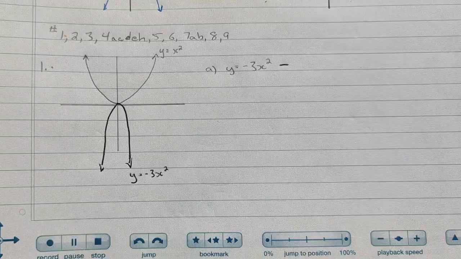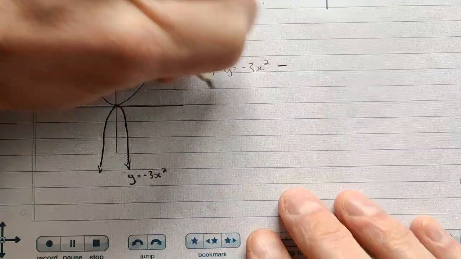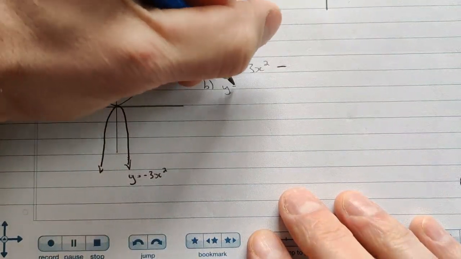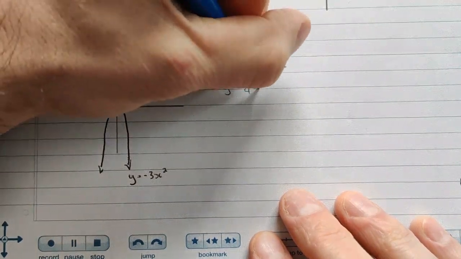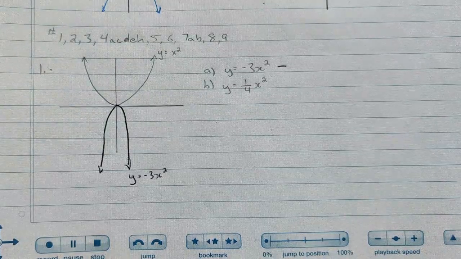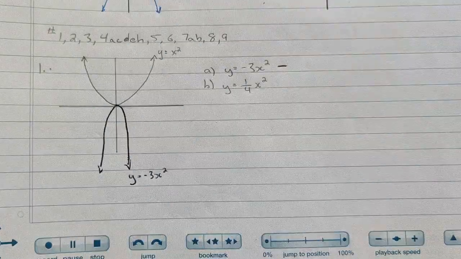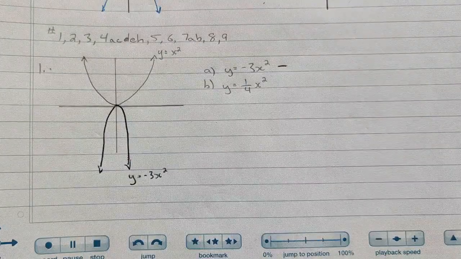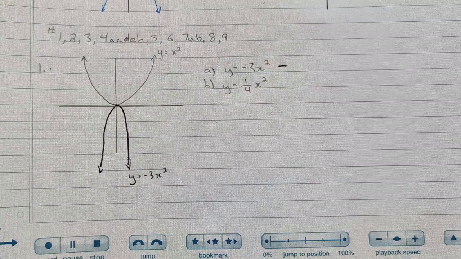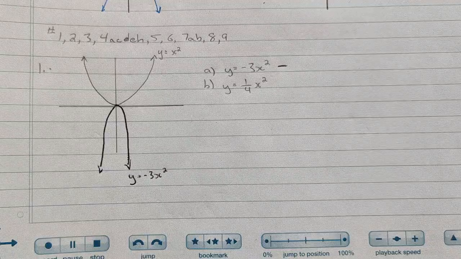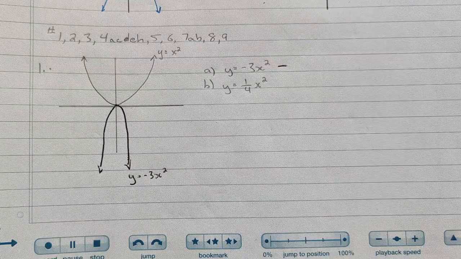Next one was y equals, again just looking at the value. Take that graph now upwards because it's positive, but it's wider because that's less than 1.